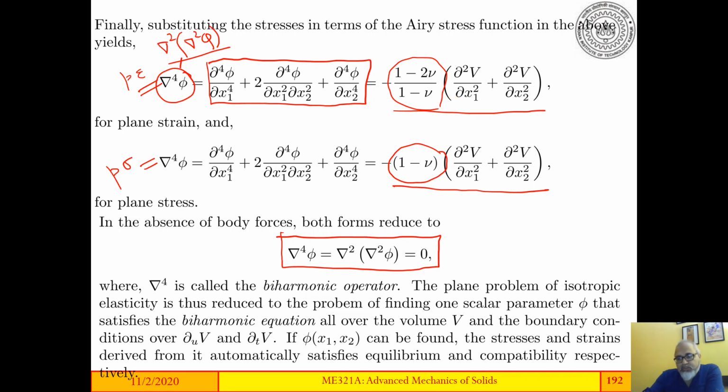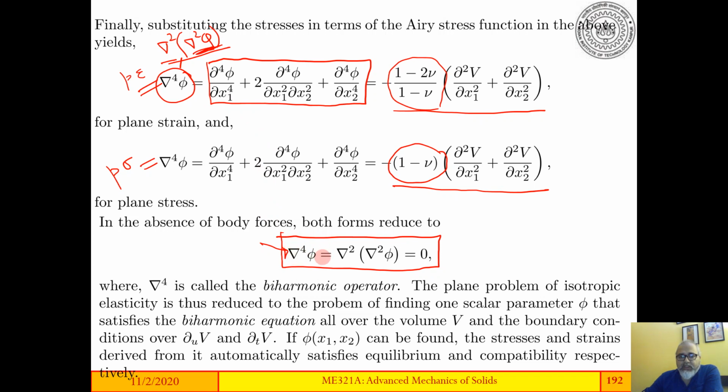So we have reduced the problem of solving a plane stress or a plane strain situation to one of solving what is known as a biharmonic equation. So this is the harmonic equation, and then another one gives you the biharmonic equation.